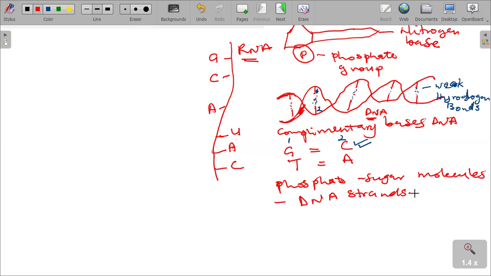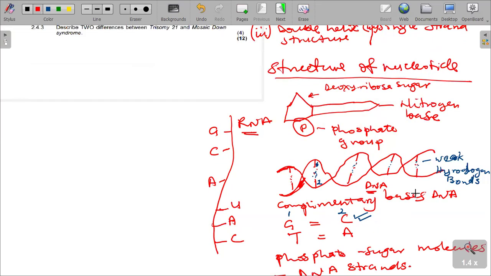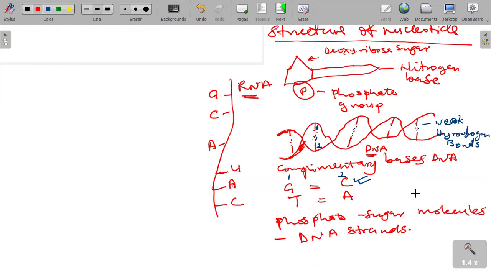This was just to bring to the attention of the class that complementary bases are found in DNA, and in RNA we only have a single strand, which has uracil instead of thymine. Thymine is substituted by uracil. That's the point.